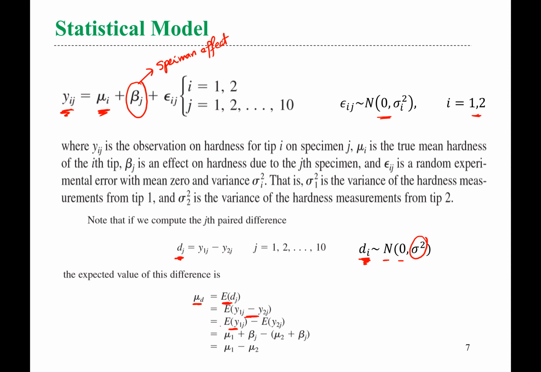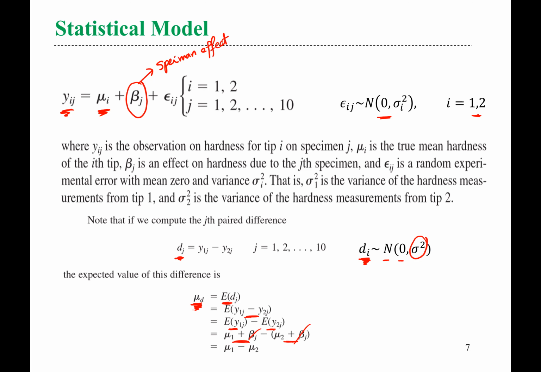It is equal to the expected value of y_1j minus the expected value of y_2j. The expected value of y_1j is mu_1 plus beta_j, and the expected value of y_2j is mu_2 plus beta_j, whereas the expected value of epsilons are zeros. And this one will cancel this one. So the expected value of the difference is mu_1 minus mu_2. So when we work with mu_d, we already work with mu_1 minus mu_2.